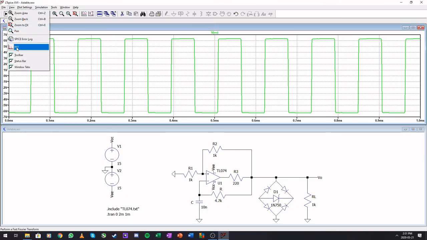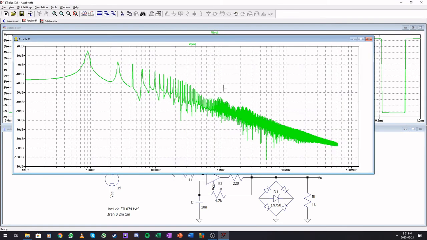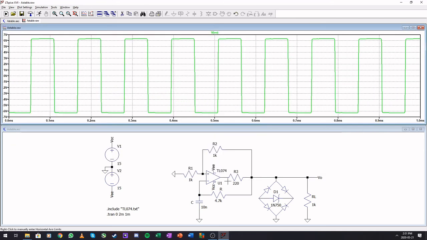And if we do an FFT on the output, our fundamental should be around, there we go, at 9.68 kilohertz. And due to the fact that this is a square wave, look at all these harmonics. So there's our frequency and our limits.